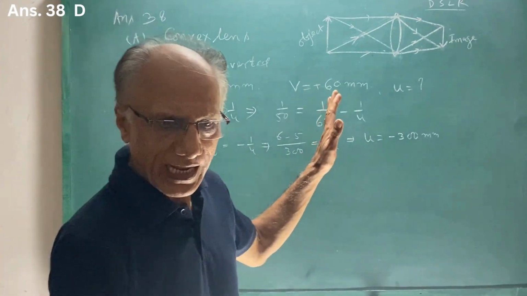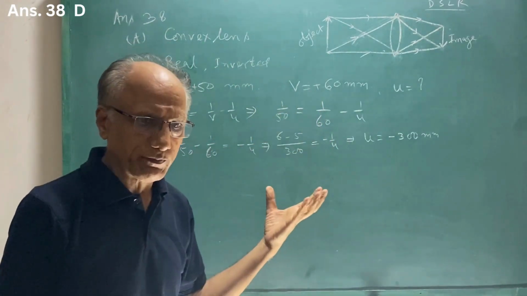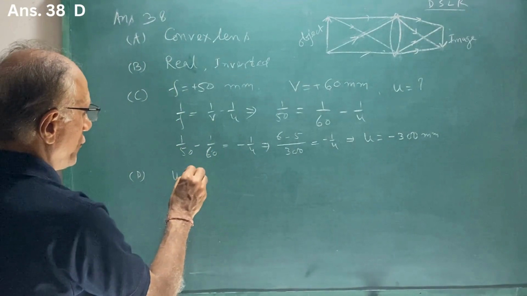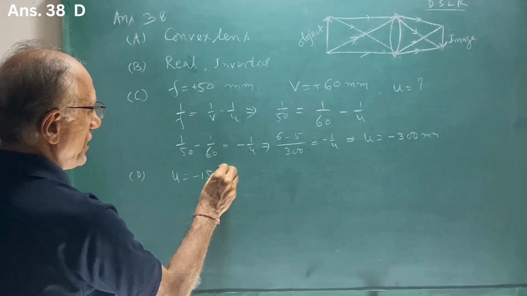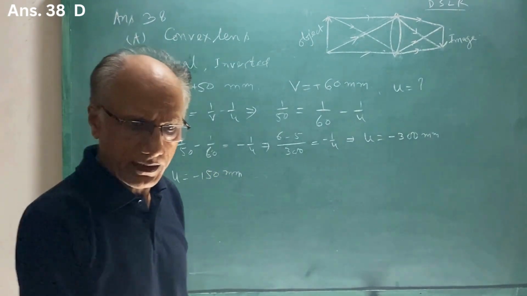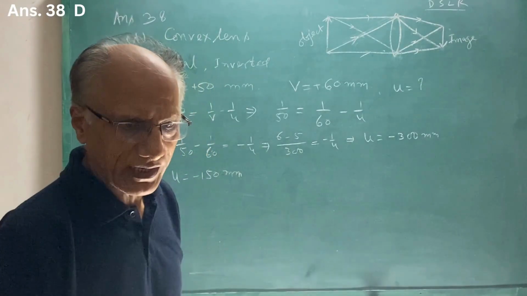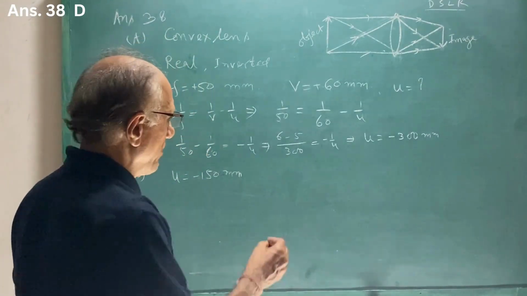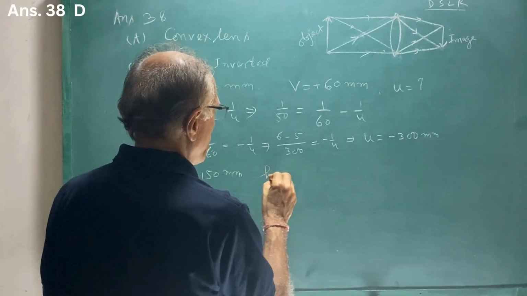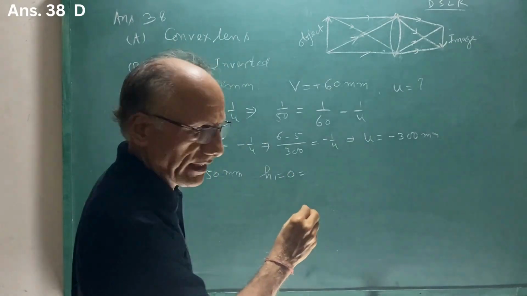A photographer is using a DSLR camera to take a picture of a flower. The flower is positioned at 150 mm, that means u equals -150 mm. And the actual height of the flower is 80 mm, so you can say h1 or O is 80 mm.